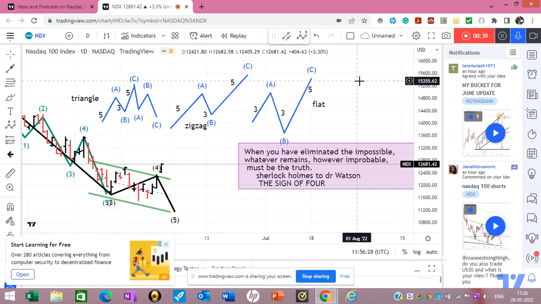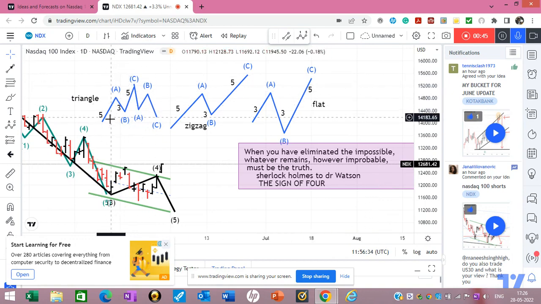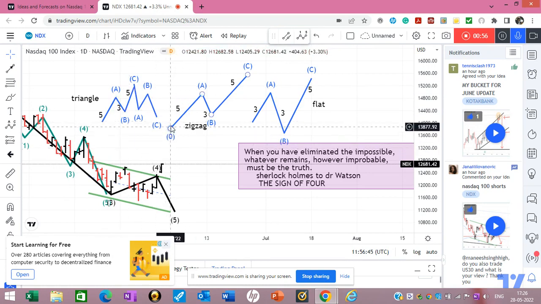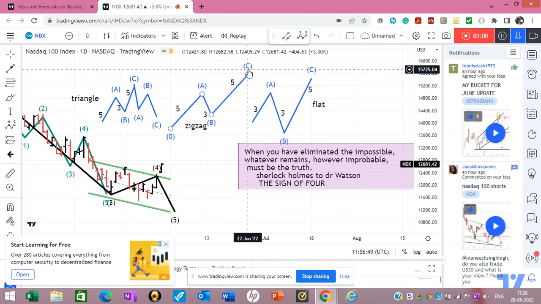You see, for the corrective waves, there are only three types of corrections in wave theory. One is a triangle. You have five waves move up, three waves move down, and five waves move up, a 5, 3, 5 combination. So this forms a triangle. The second type of correction is zigzag: five waves move up, three down, and five up.